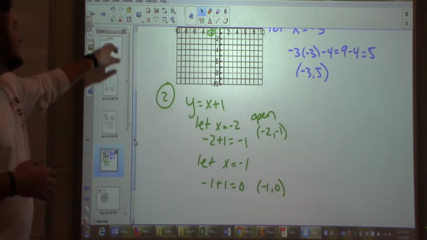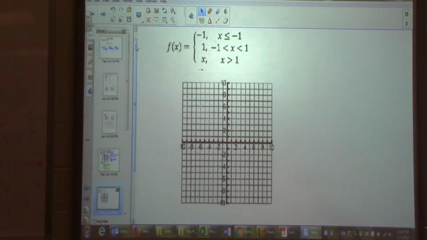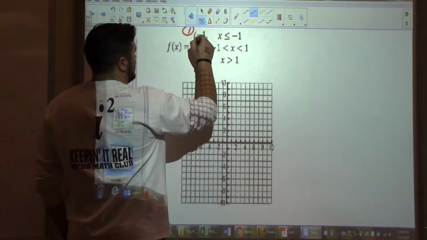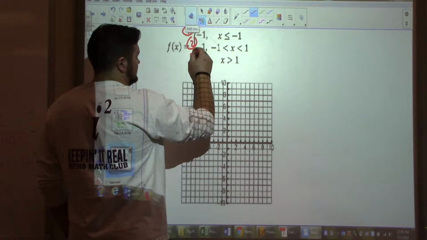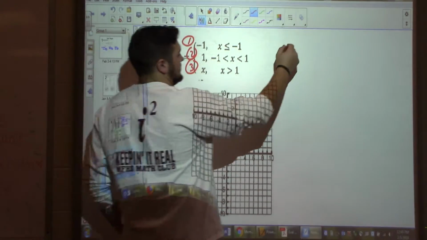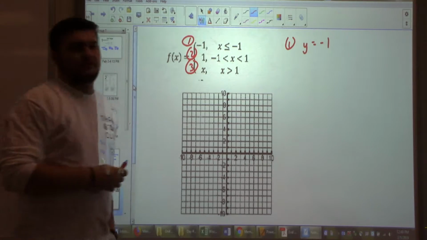Alright, the next problem. It's a 3-piece step function. We haven't done one of these before. We've not graphed a 3-piece before. It is very similar. So, same thing I'm going to do is I'm going to break it down into 3 pieces now instead of 2. 1, 2, 3, because there's 3 of them. The first one, y equals negative 1, right?